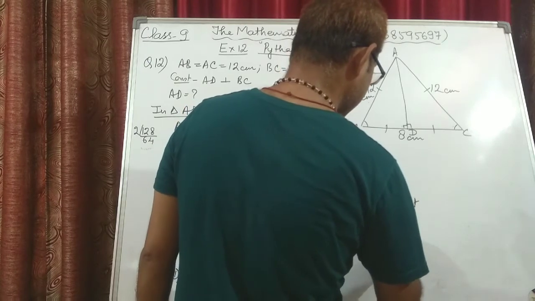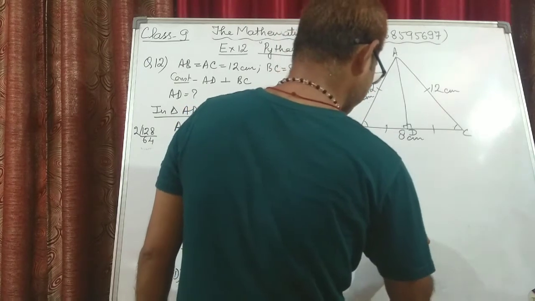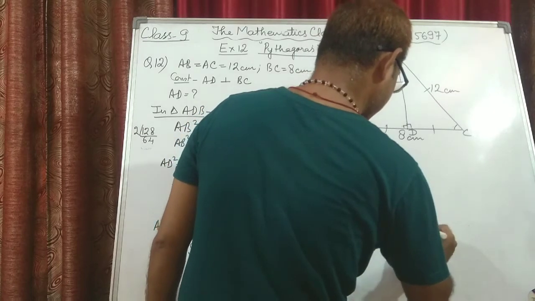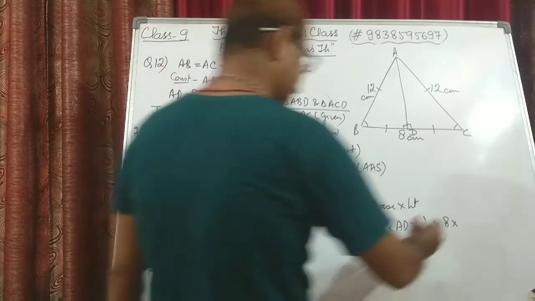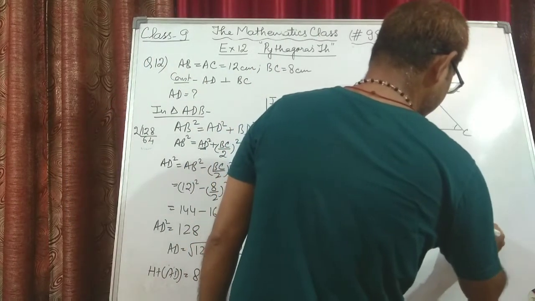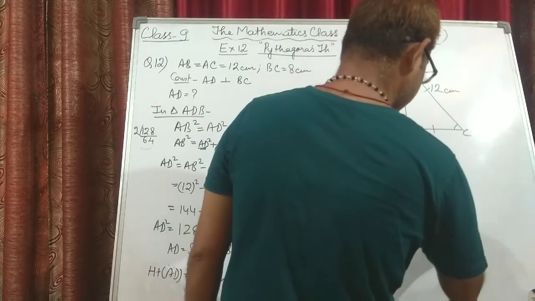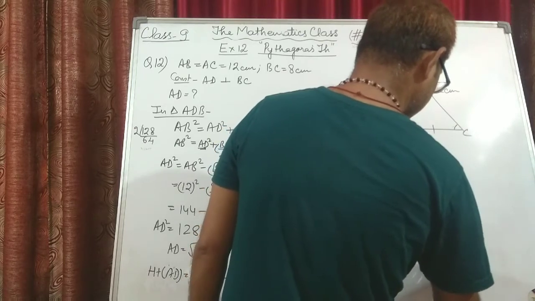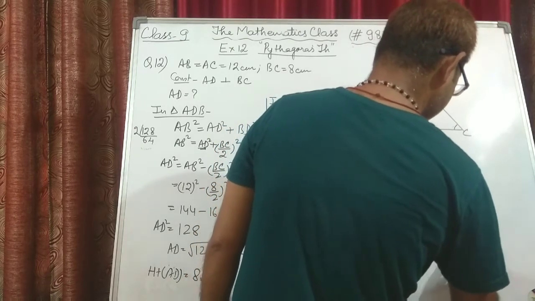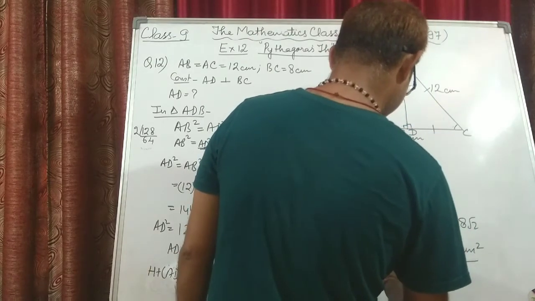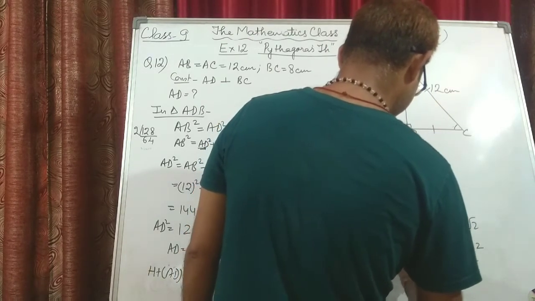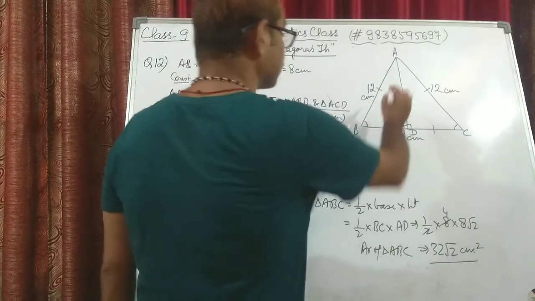Base is BC and height is AD. That can be written as 1 upon 2, base is 8, AD is 8 root 2. So 2 4s are 8, 8 4s are 32 under root 2 centimeter square is the area of triangle ABC.